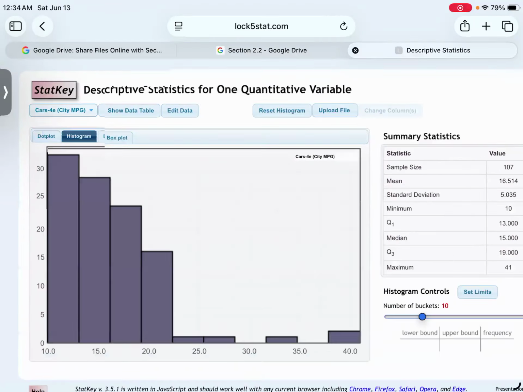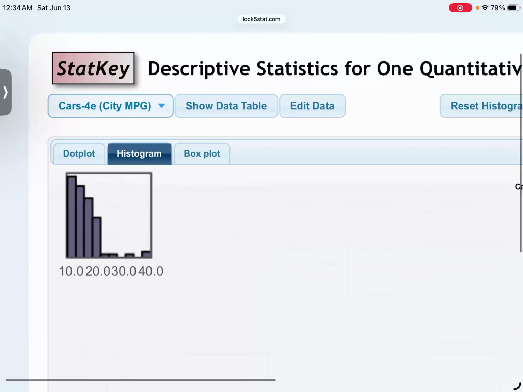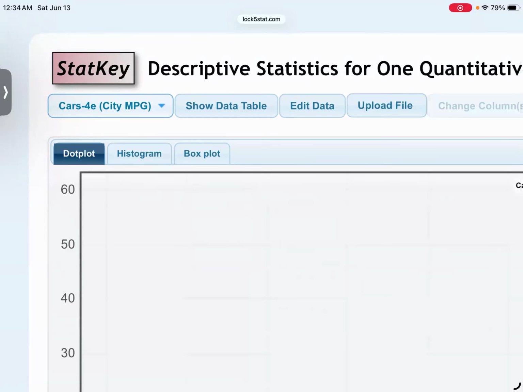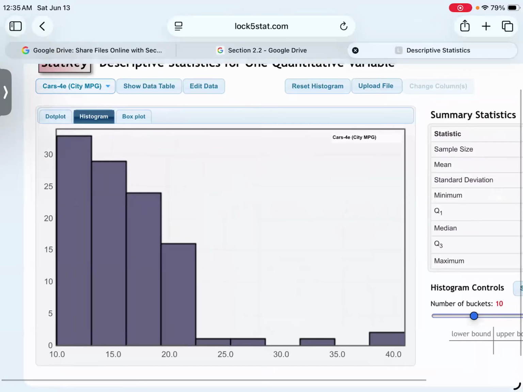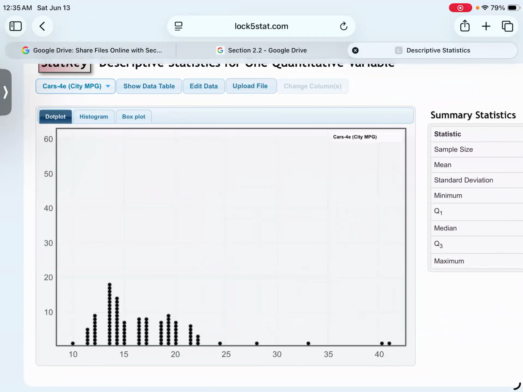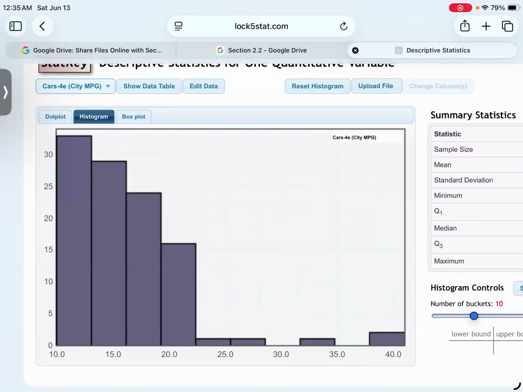There is the histogram. Again, you can toggle back and forth between them. We'll do the box plot at a later time, but either one that you look at, you're going to see that it's skewed to the right. The histogram even shows it even more skewed to the right. So that's the short answer, skewed right.